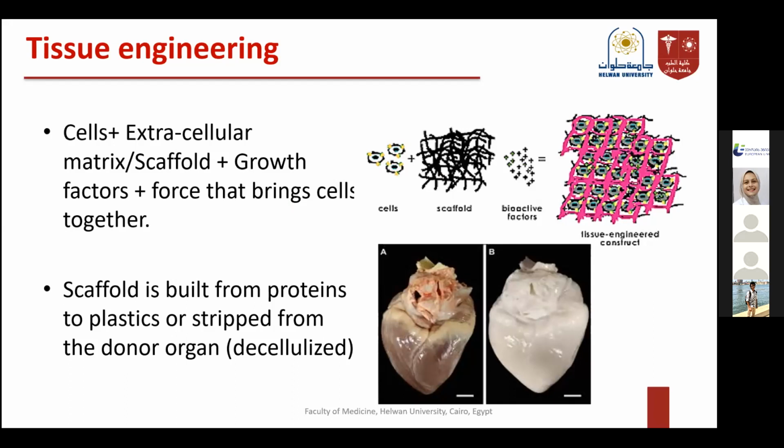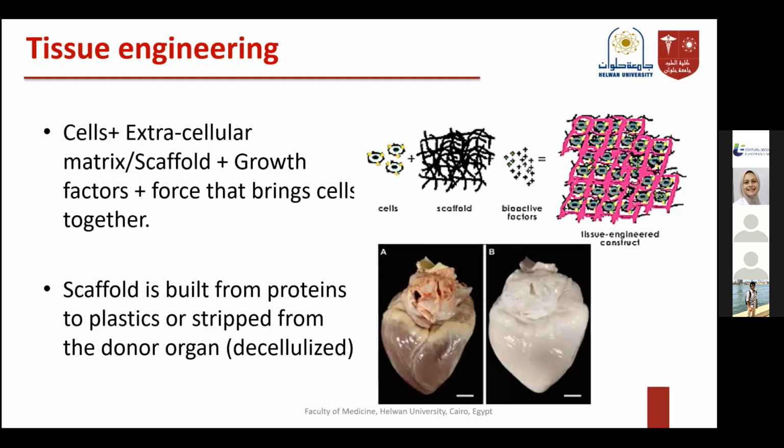What is a tissue? You studied in the first years in basic science that a tissue is composed of cells, extracellular matrix, which we can also call a scaffold, and the growth factors besides the environment.